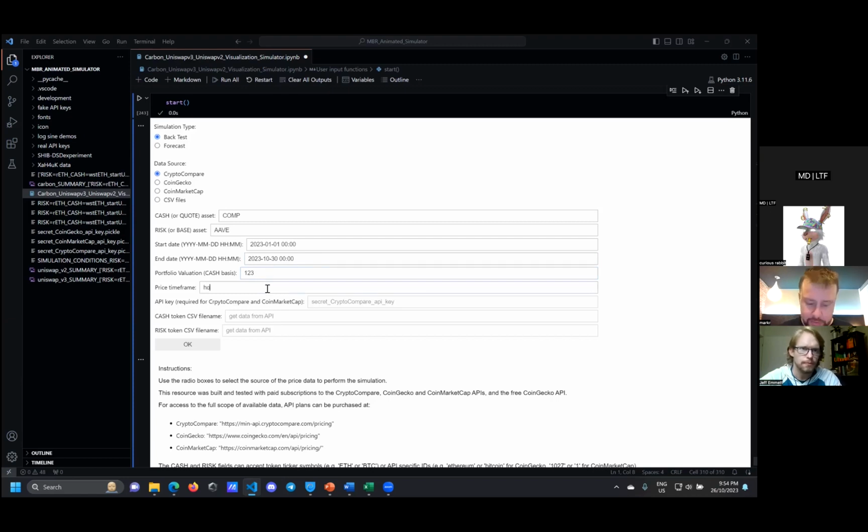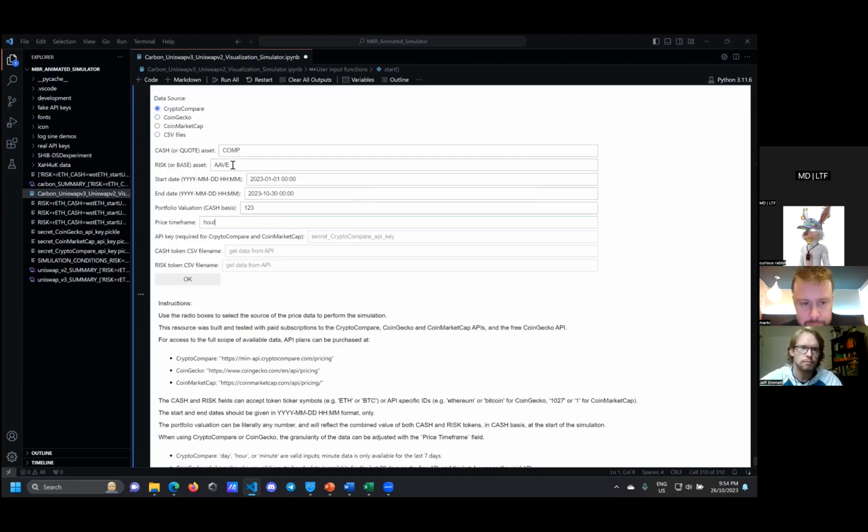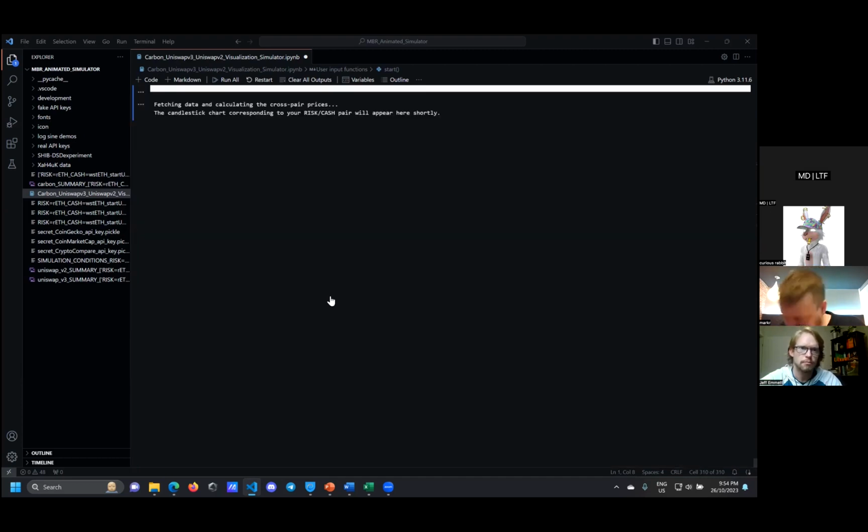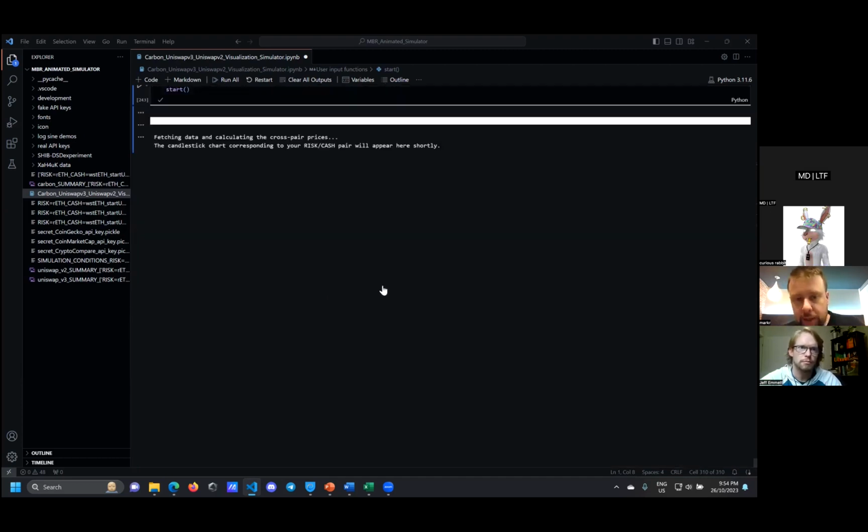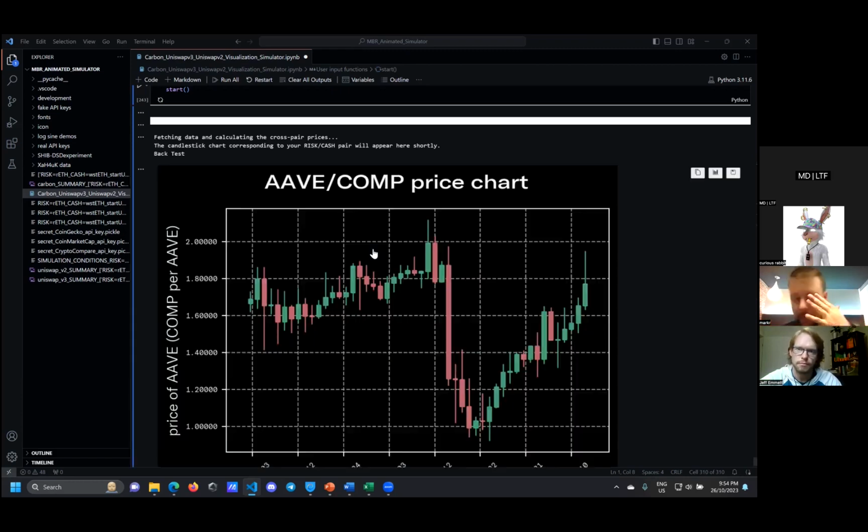This lets me fetch data at any frequency: minute, hour, or day. Minute I think is only stored for the last 7 days. It pulls them in the same numeraire, usually USD, and then stitches them together so that you can get a candlestick chart for any asset versus any other asset.